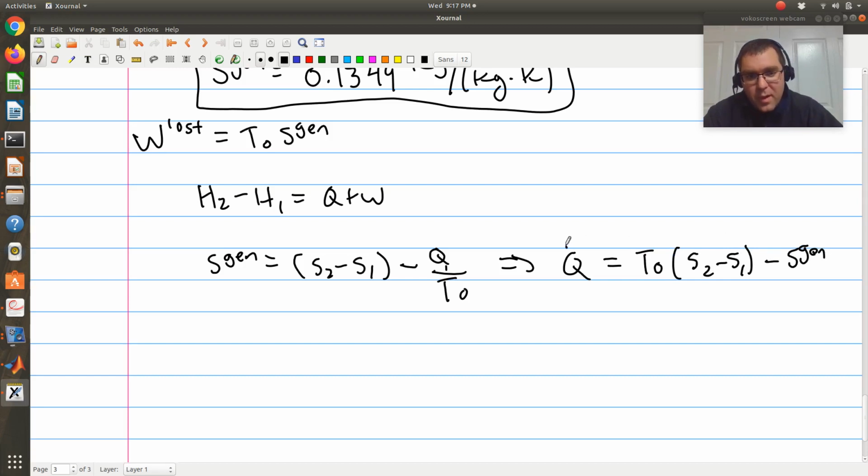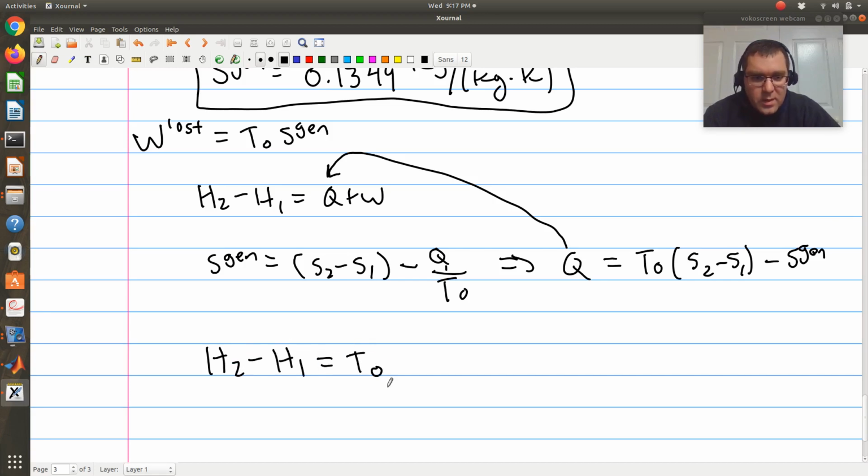Then if I plug this into my first law balance, what I end up getting is H2 minus H1 is equal to T naught times S2 minus S1 minus T naught times S gen, plus W.